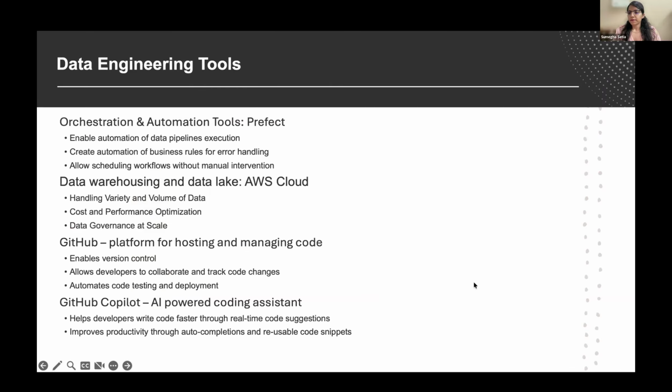The next slide, please. Yeah, so I'll talk about the data engineering tools that we have.